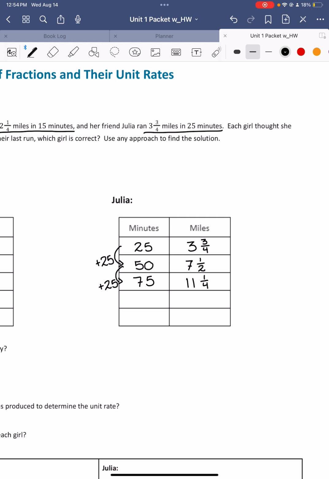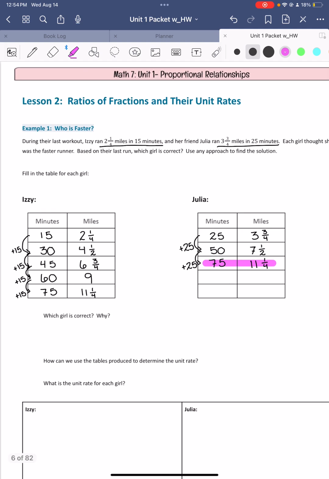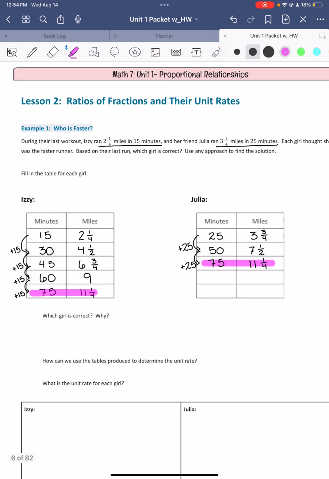Now, I'm going to stop here and highlight this for you because when we look at the two tables for both of the girls, after 75 minutes, now that we've reached a common number with both of them, they both actually ran the exact same distance.